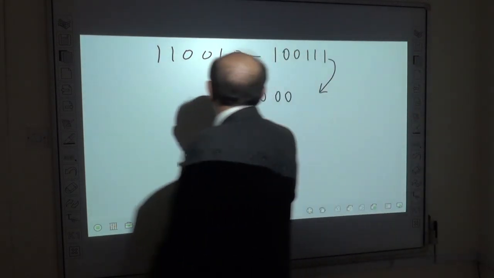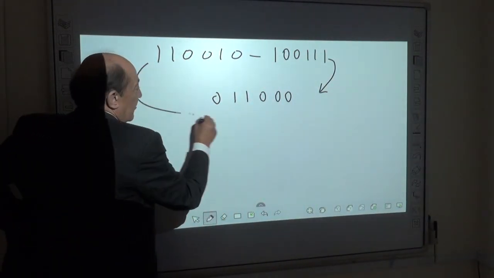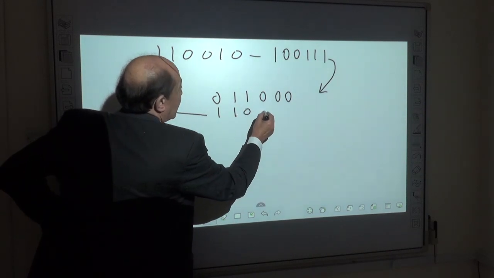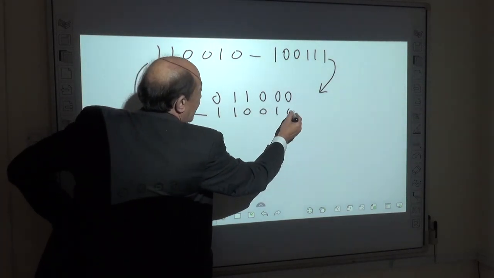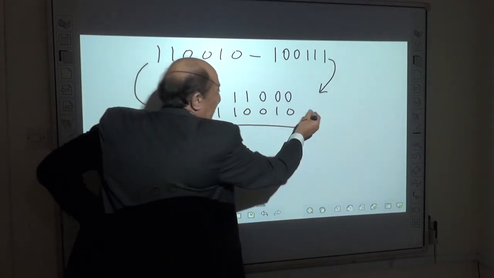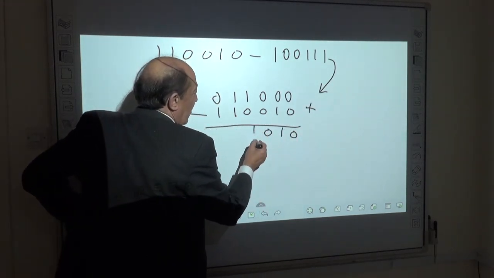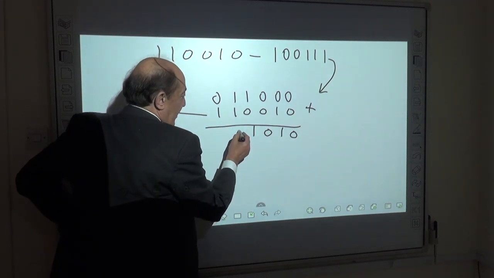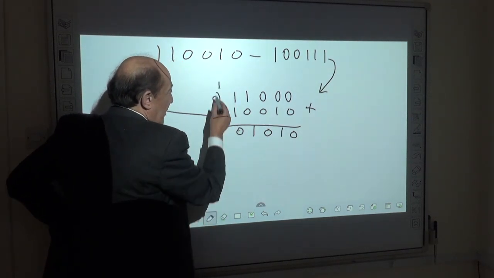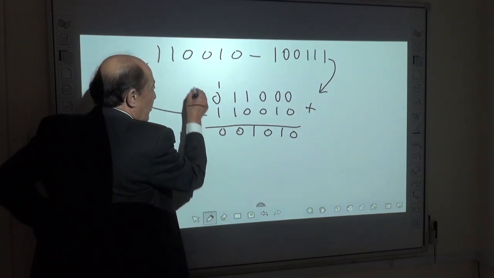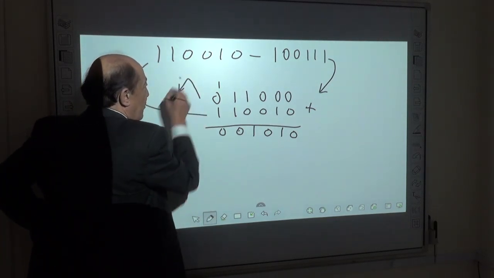Then we add this to A. 110010 plus 011000. And we have end around carry 1.